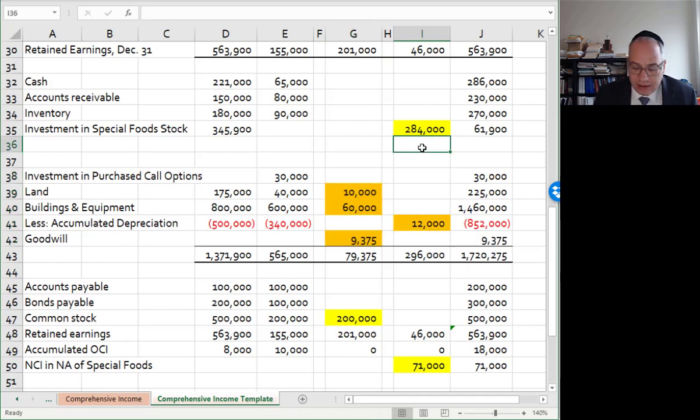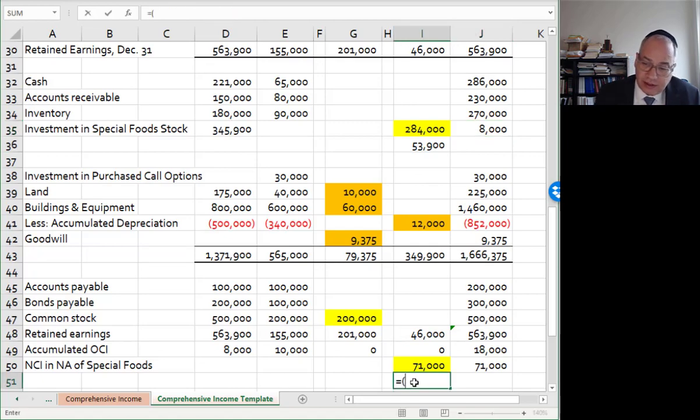And 80% of this is going to be credited to the investment account. And notice it doesn't balance out yet because I'm going to have to account for the $8,000 debit that I did before.